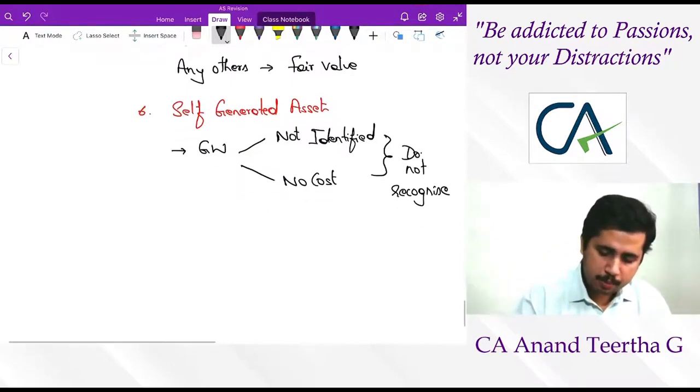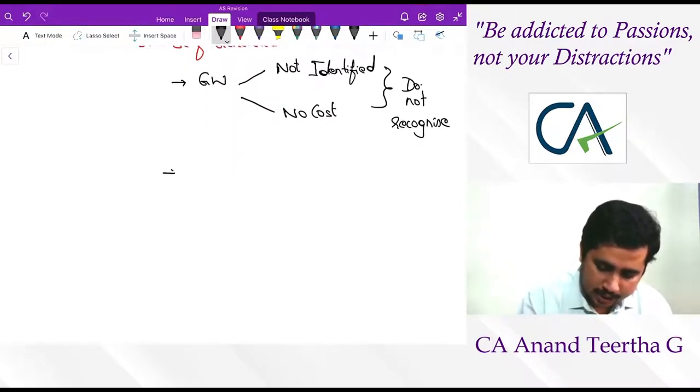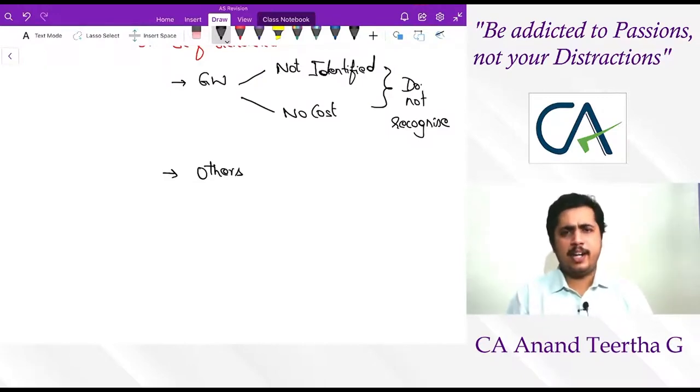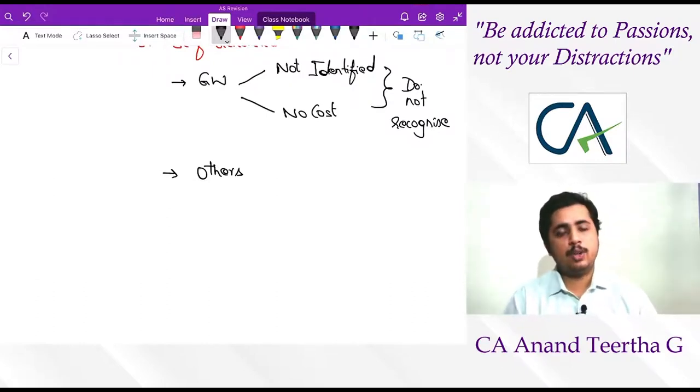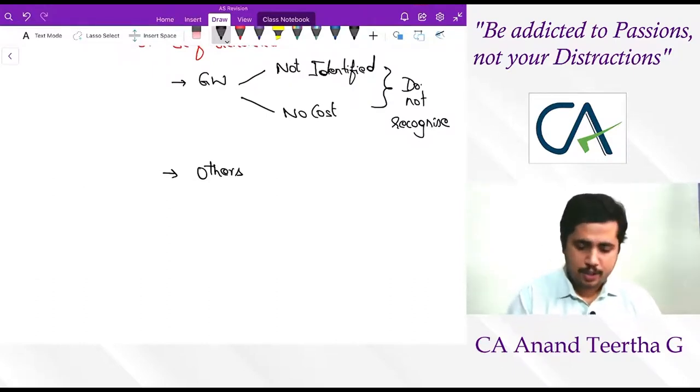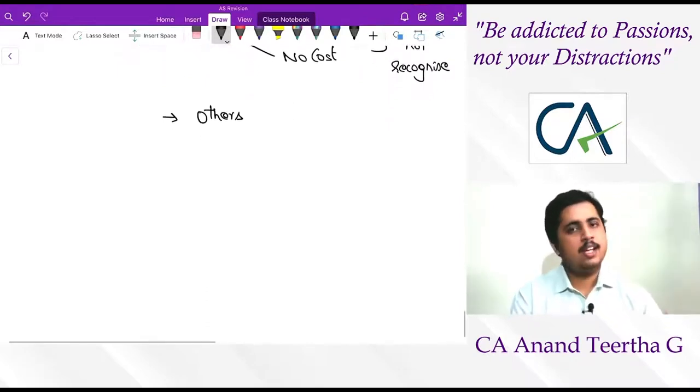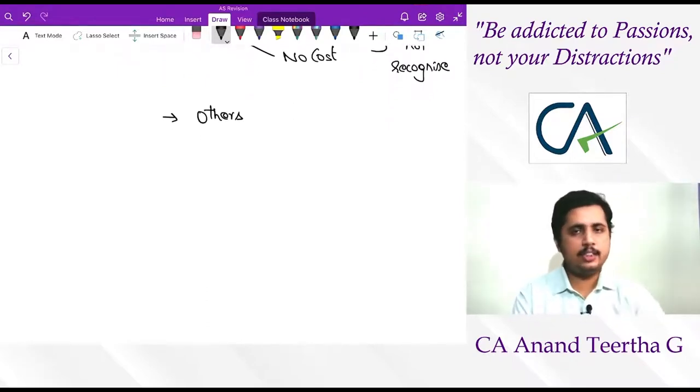But what about other self-generated intangible assets? There is software, there is patent, there is copyright, there is movie rights, whatever it is. There are many other intangible assets which are self-generated. What is their situation then? Whenever you have other intangible assets, we will allow for capitalization. It's not like goodwill, because they are identifiable, there is cost incurred, therefore we allow it.